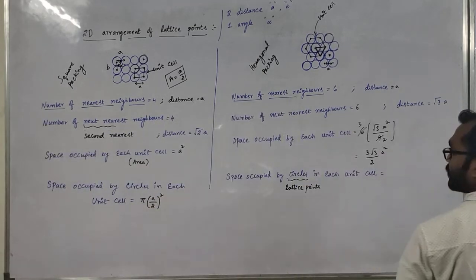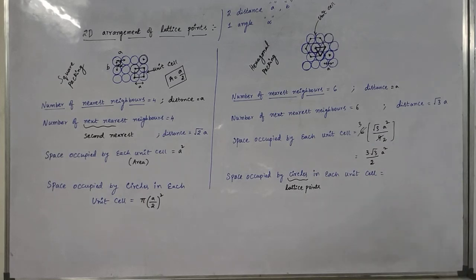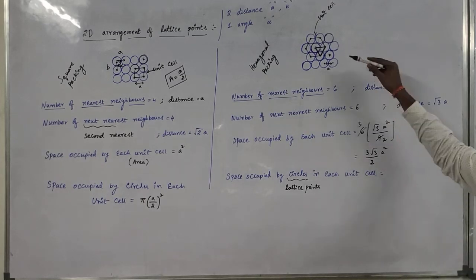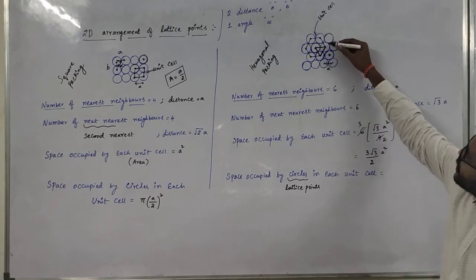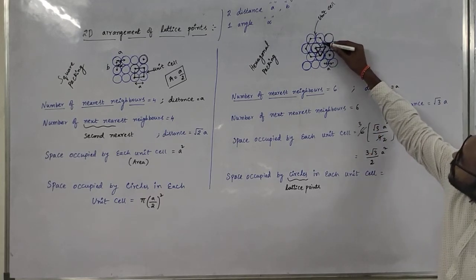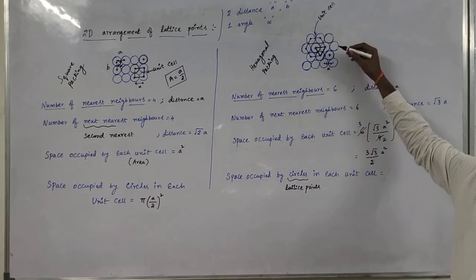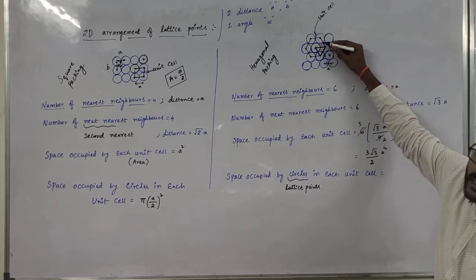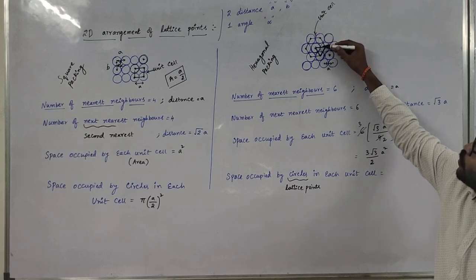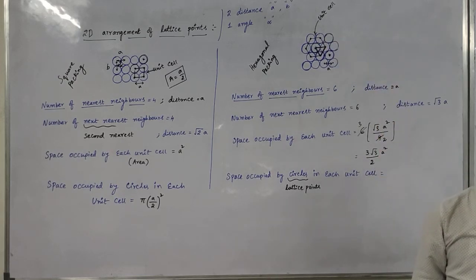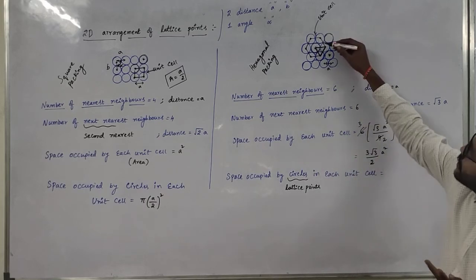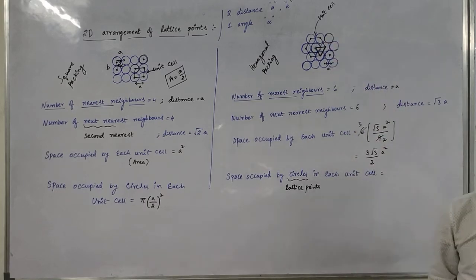Now what about here? How many such circles are there? 6. What is the share of this circle? 1/3, since this is a 120 degrees angle. So 6 times 1/3 is 2, and 1 circle here, totally 3 circles.